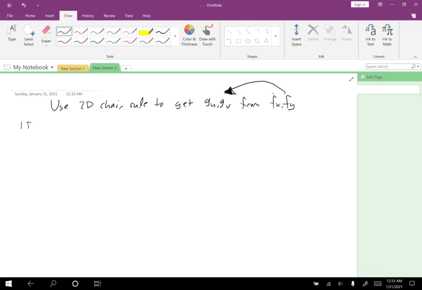Let me just recall the 1D chain rule, which is that if you have g of u equals f of x, and x is a function of u, then d/du of g is df/dx times dx/du.